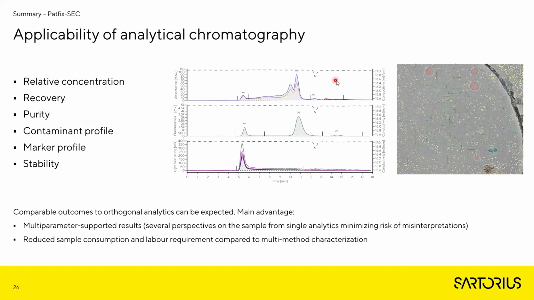Such multi-parametric assessment gives us a general picture of the composition of our sample. And such analytics may be applicable in assessing concentration, recovery, purity, contaminant profile, marker profile, and stability of the sample.